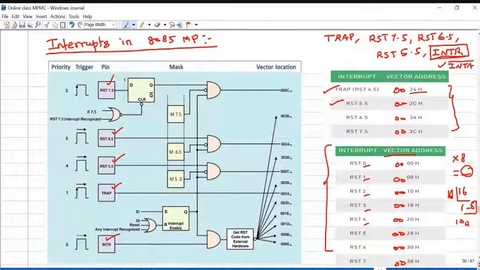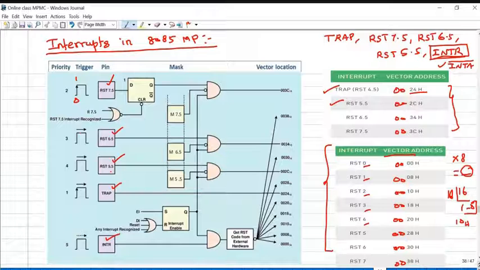Next, look at this particular structure: RST 7.5, 6.5, 5.5, trap. This symbol indicates whether the interrupt is edge triggered or level triggered. This arrow mark indicates edge triggered. So whenever a 0 to 1 transition occurs, RST 7.5 will be activated. RST 6.5 is level triggered.